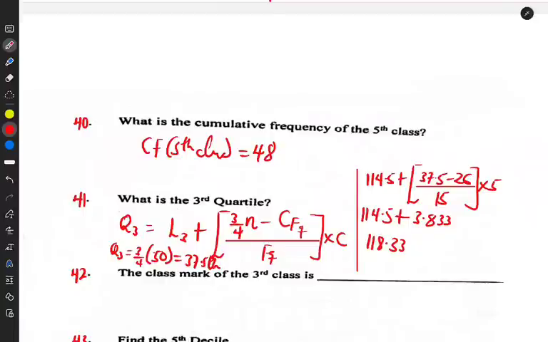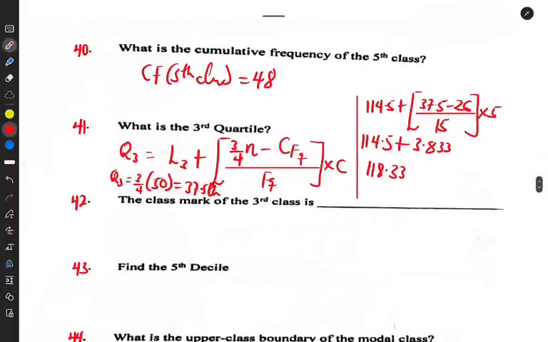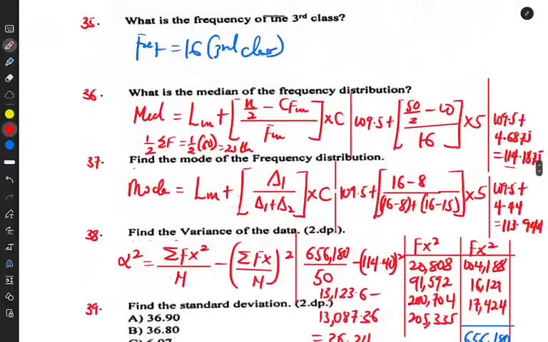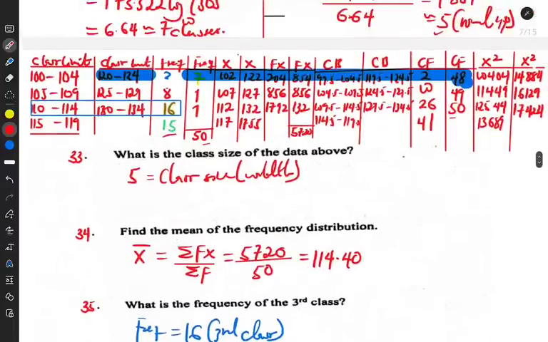So let's take note of that. Then, question 42. The class mark of the third class. The class mark or the class limit of the third class is the same thing. So here it is 110 to 114. That's the class mark or the class limit.